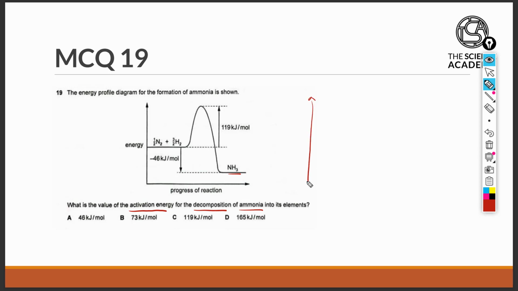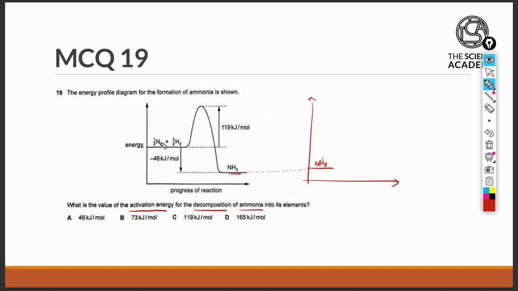Let's draw a second energy profile diagram with ammonia now as the reactant. The energy level of ammonia is going to be the same in both energy profile diagrams. In this reaction, ammonia is decomposing into these substances.